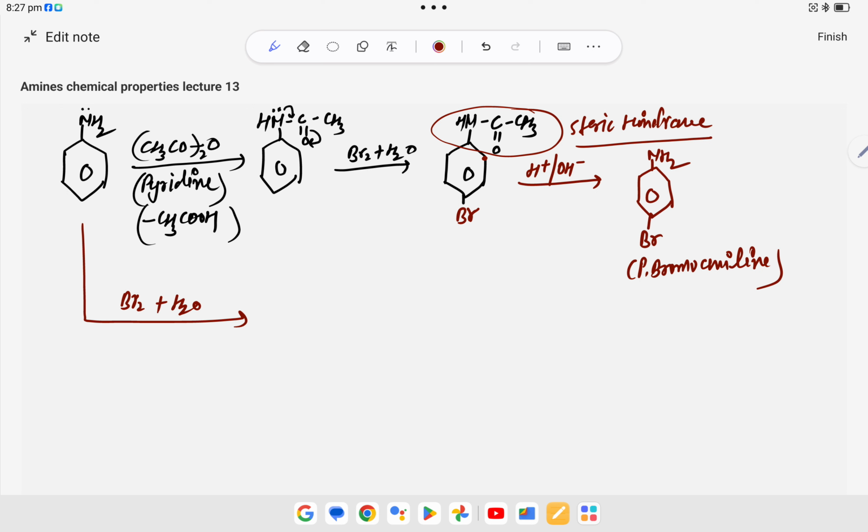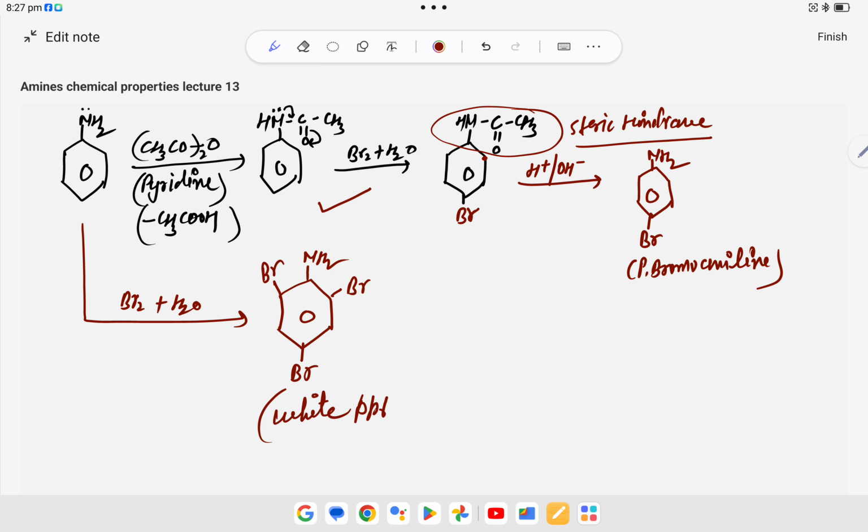Again I am explaining: all the ortho and para positions will be occupied. For that we prefer acetylation. White precipitate. Okay, so that is all about bromination.